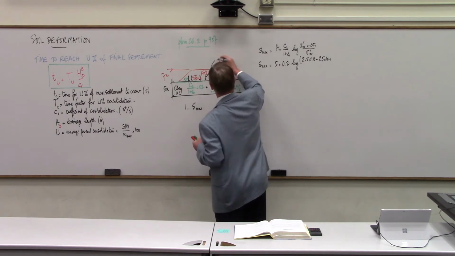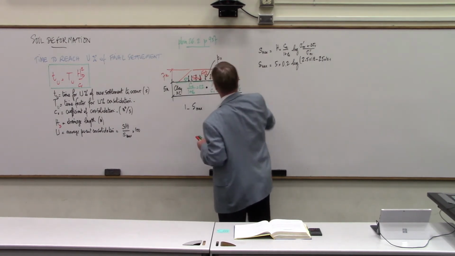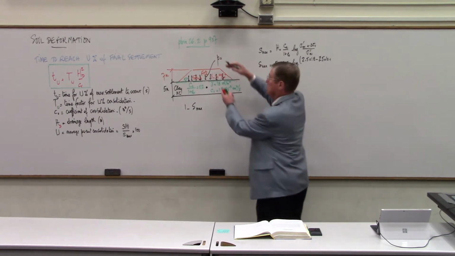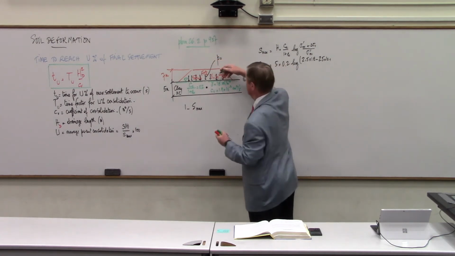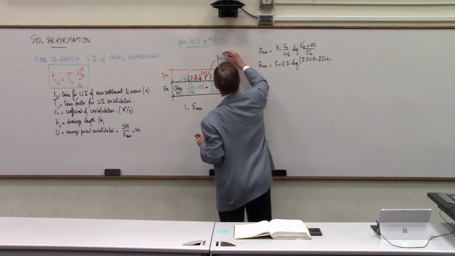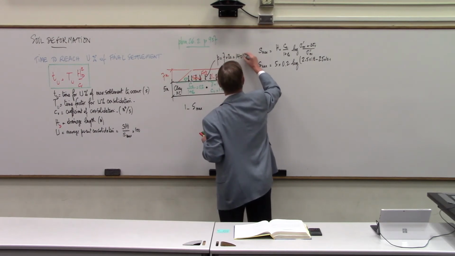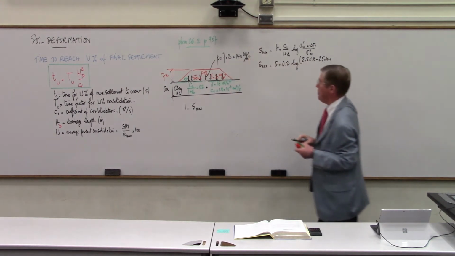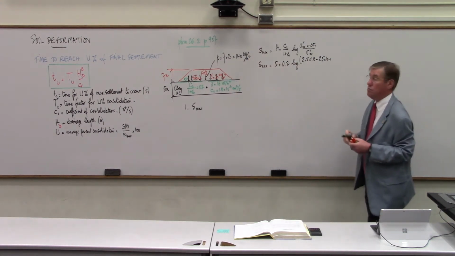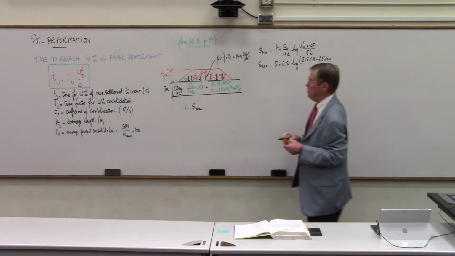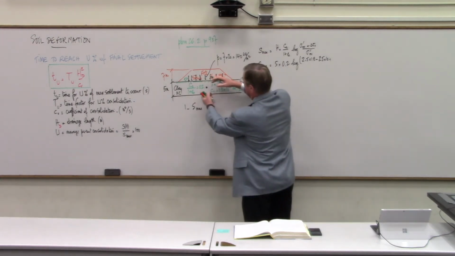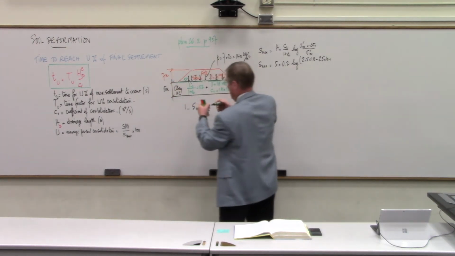Well, that load is a pressure P equal to 7 meters of a material at 20, so 7 times 20, 140 kilonewton per square meter. So that's P. And we're going to assume that the layer is small enough compared to the width of the embankment.